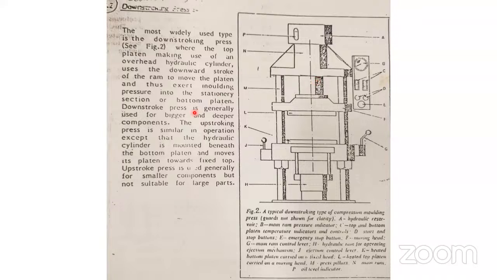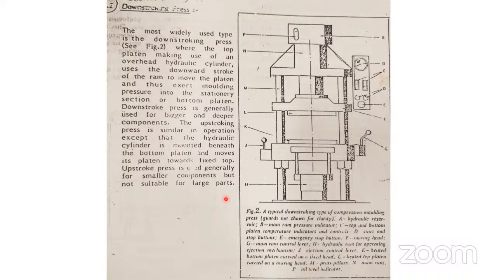Upstroke press is generally used for smaller components, but not suitable for larger parts. We use the upstroke for small articles and the downstroke for large articles. That is the only difference between the two.